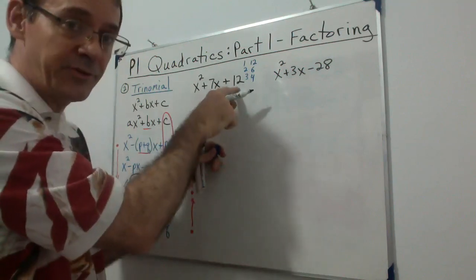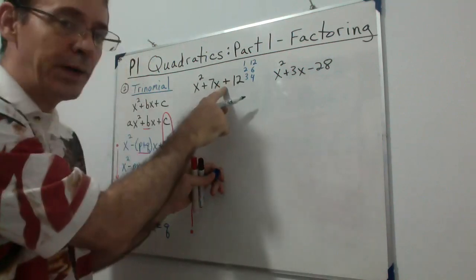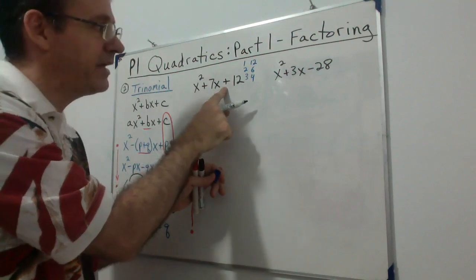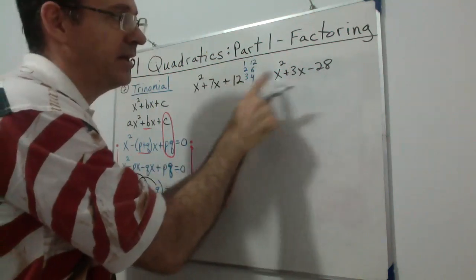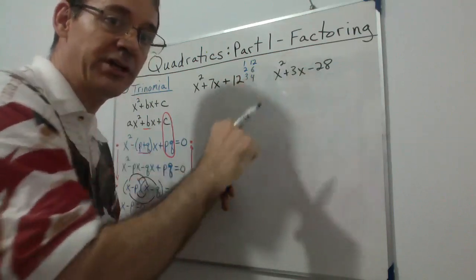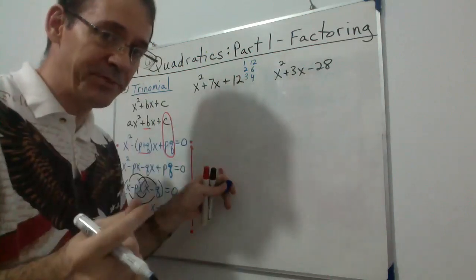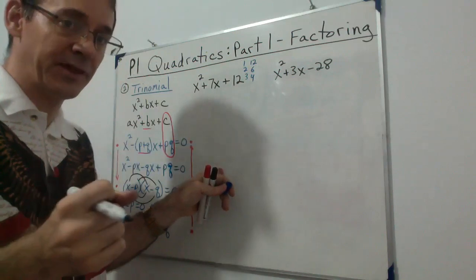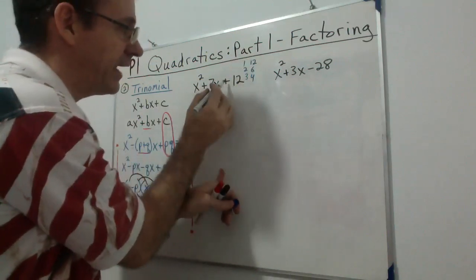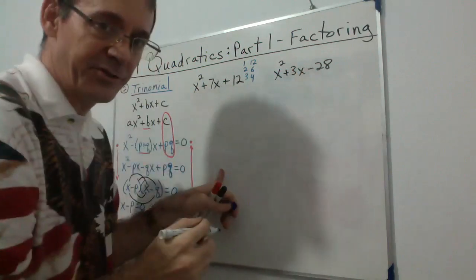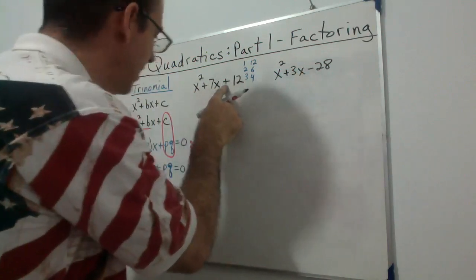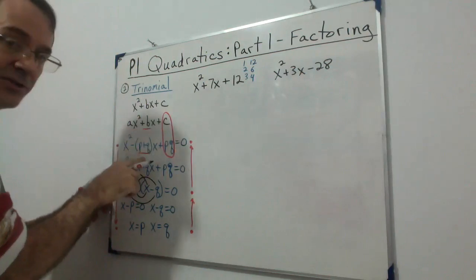So we know it comes from here. Now this is positive. That means that we are going to add these two numbers together. If it's negative, it means we're going to subtract the two. So keep that in mind. That's an important, helpful thing for you. After you list your factors, look to see whether you're going to add or subtract. We're going to add them together to get the b term.